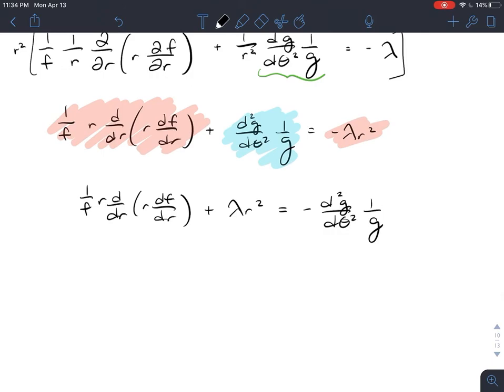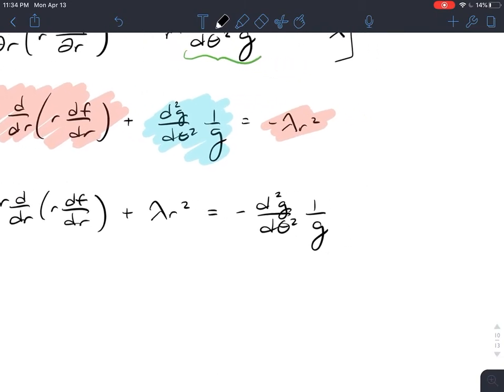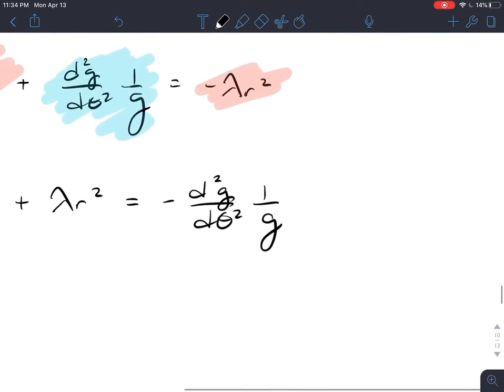So now we have to obviously choose our separation constant, right? So we have all r dependent terms on the left hand side and all the theta dependent terms on the right hand side. So the logic in choosing our separation constant now is we want to obtain solutions such that we have sine and cosine in the theta direction, because remember that we have periodicity conditions, and those conditions are satisfied via sine and cosine solutions, right?